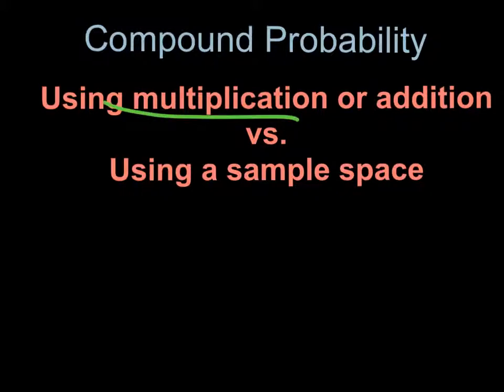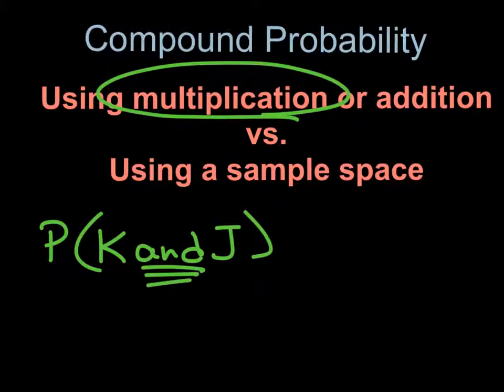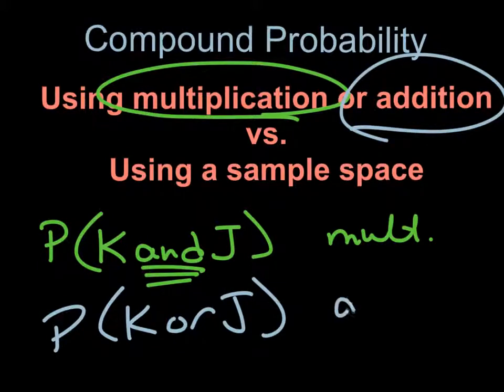Remember, let's say you want the probability of picking a king and picking a jack. Since that's an and problem, we're going to multiply. If I wanted the probability of a king or a jack, that's an addition problem, so I'm going to add.